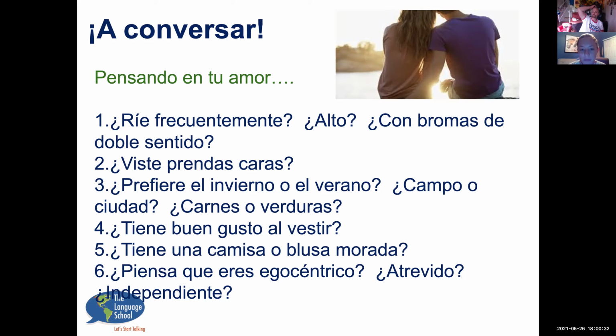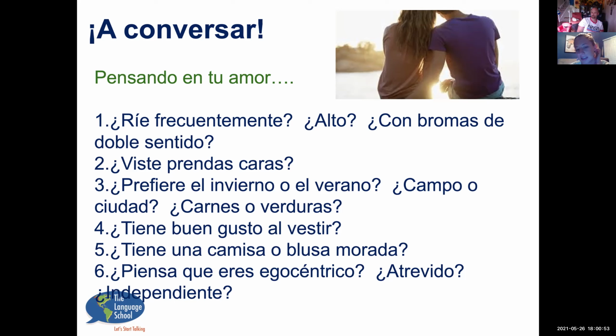¿Prefiere el invierno o el verano? Prefiere el invierno. ¿Prefiere el campo o la ciudad? Prefiere la ciudad. ¿Prefiere las carnes o las verduras?